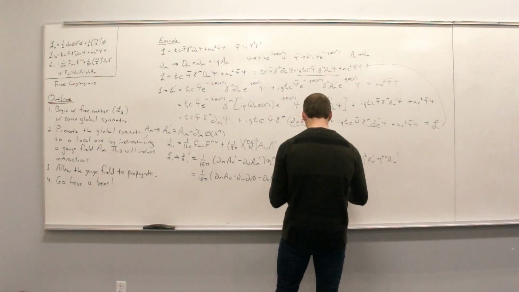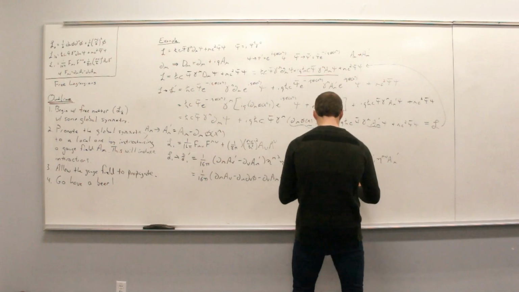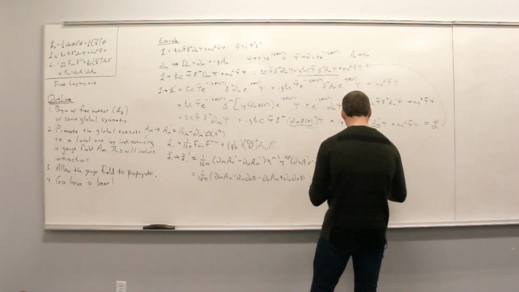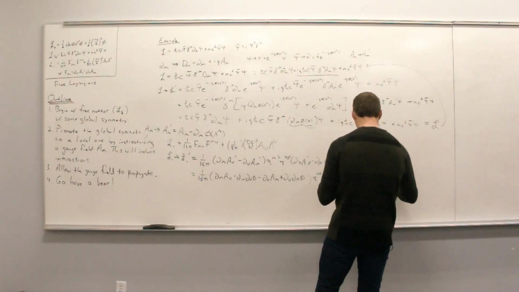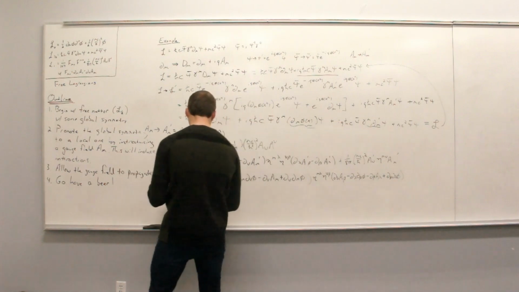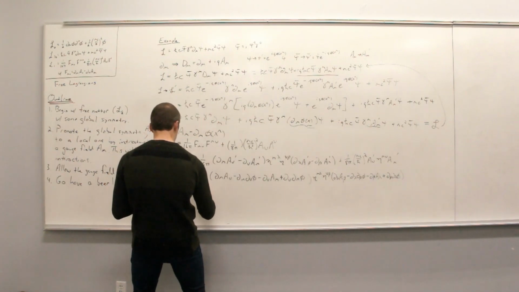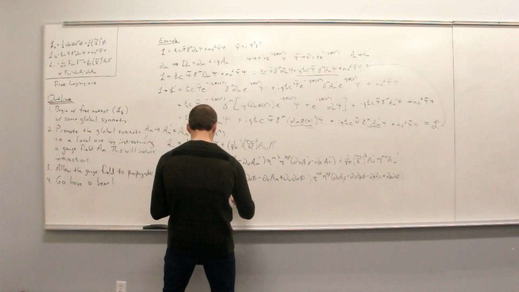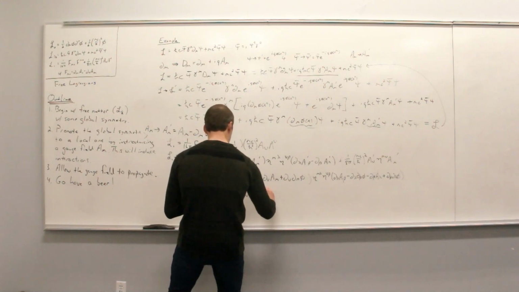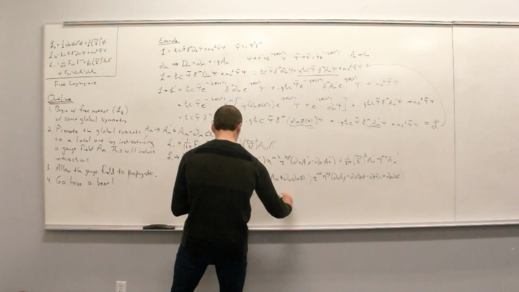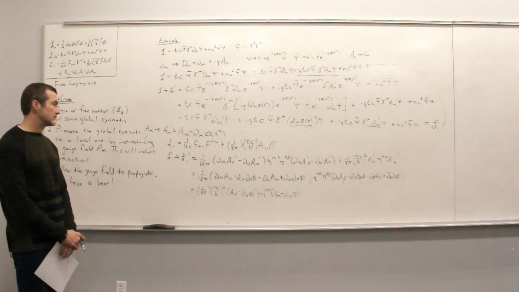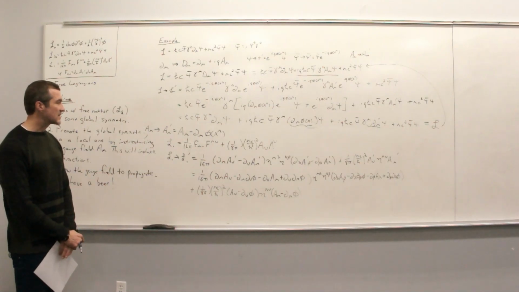I'm not going to write that anymore because it's getting long. Okay, I literally just plugged in the expression for A mu prime, but giving it the appropriate index labeling based on where it was.